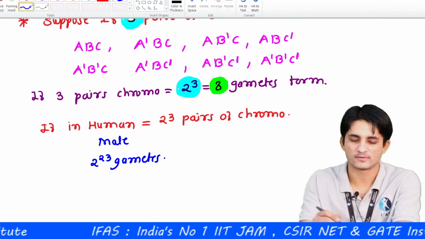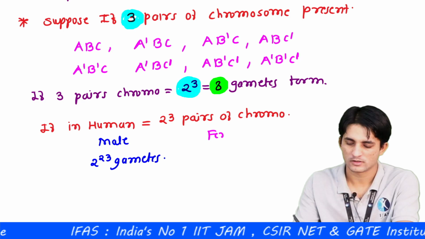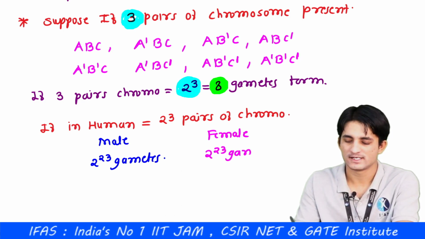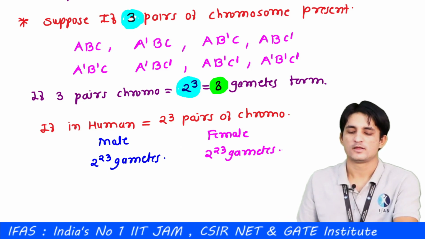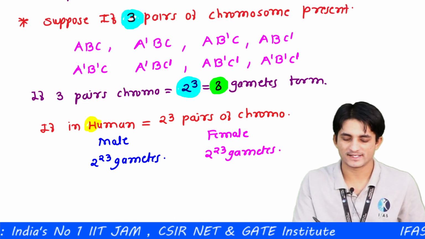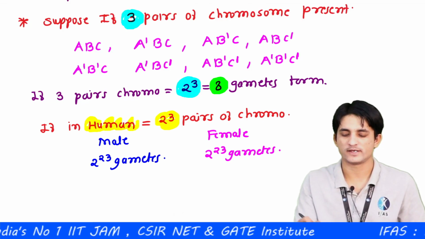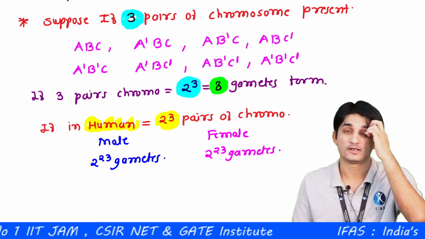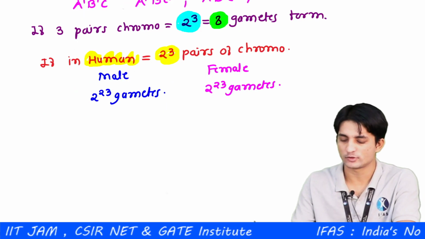And from the female side, formation of 2 raised to 23 gametes, because in human, or in sexual reproduction, 2 parents are involved. So in human, if 2 parents are involved, male and female, from both there is formation of 2 raised to 23 gametes.